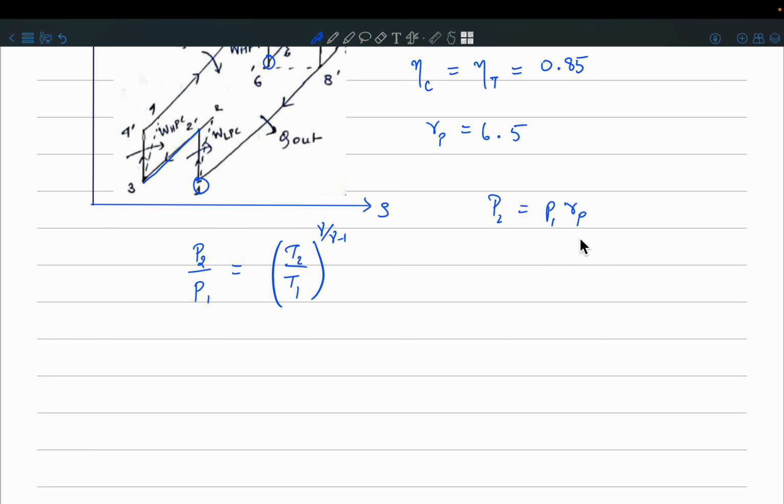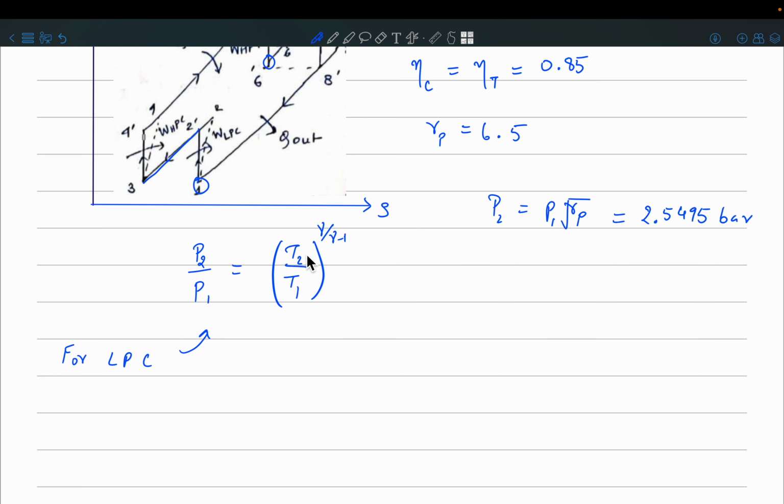And okay, I'm sorry, it's under root Rp. So that turns out to be 2.5495 bar. Okay, and then for the low pressure compressor, we have this relation from which we can basically find T2.